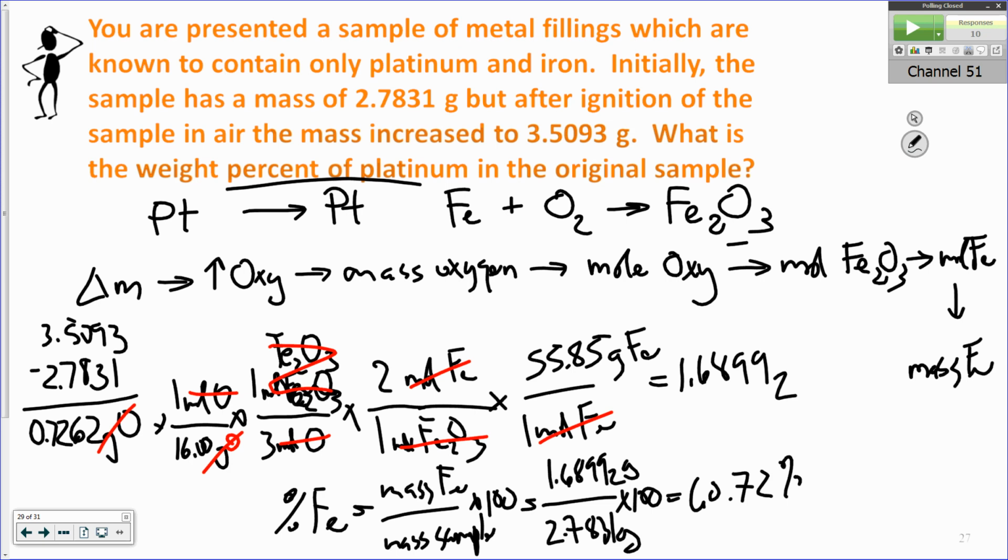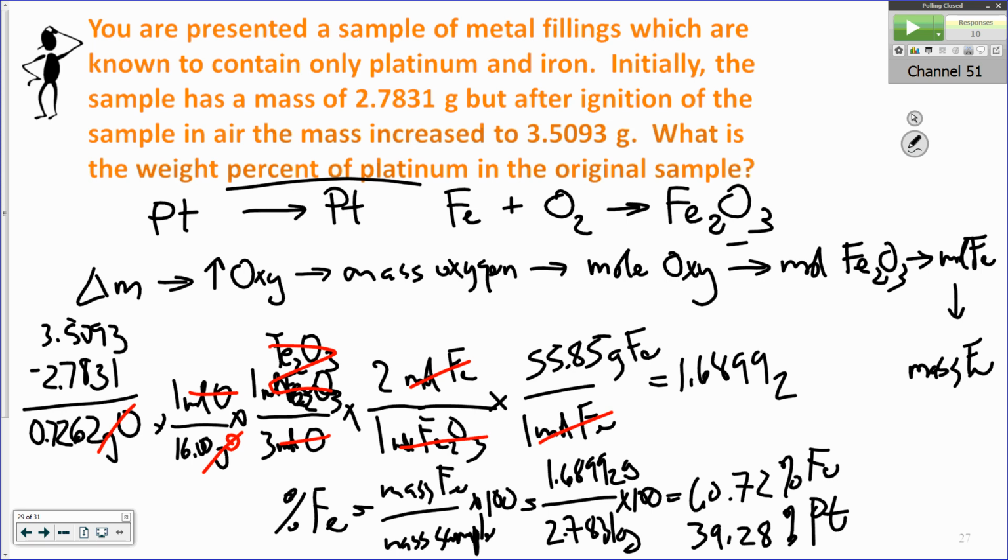And it's 60.72% iron. And I know the pieces have to equal the whole. So that means the balance of it has to be platinum. So that means it's 39.28% platinum.